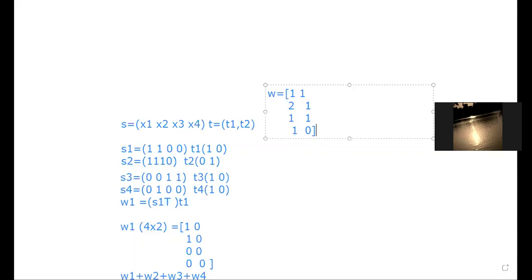Okay, it is very simple, just matrix multiplications and taking the sum of all the 4 weight matrices. It should be your final weight matrix for the given input vector and output target vector.